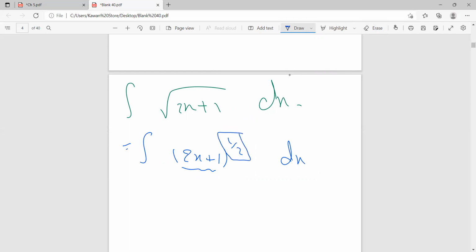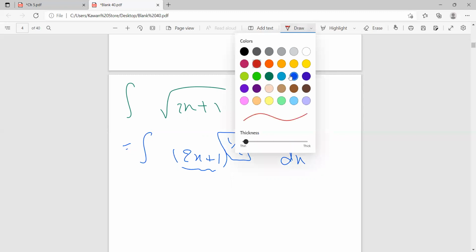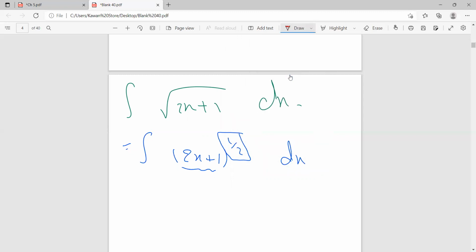I have a note in my mind: if I see something like that, try to find the derivative. The derivative of the inside of the brackets, inside the parentheses, is 2 dx, right?